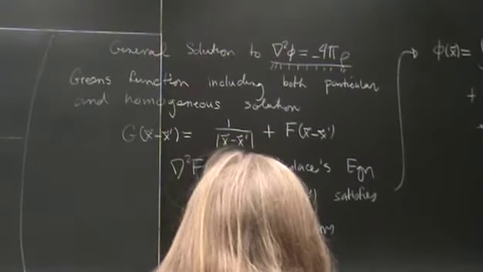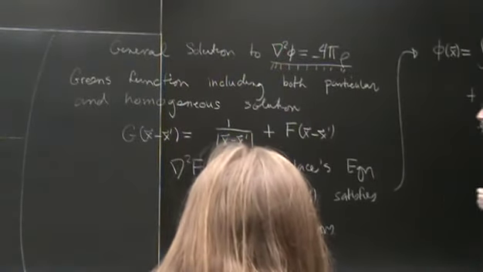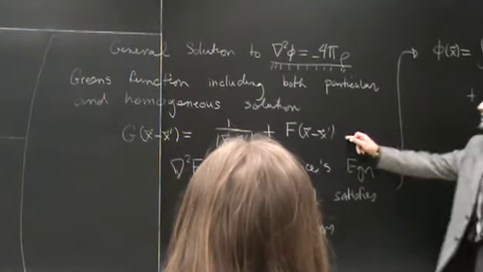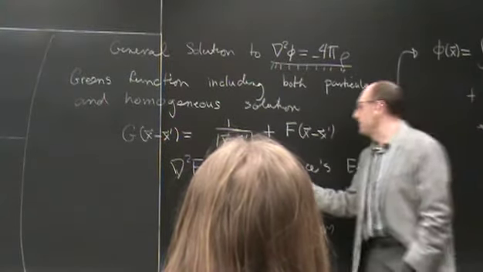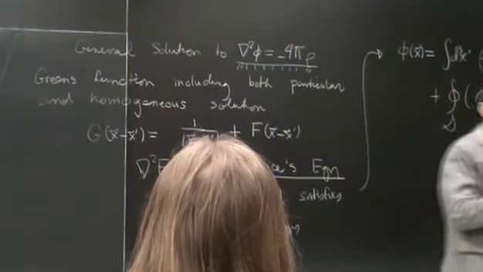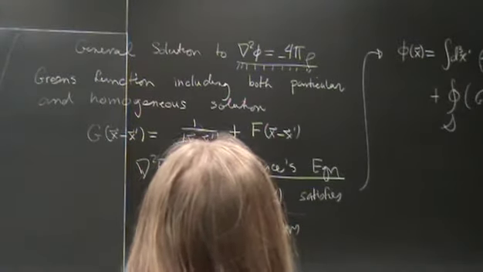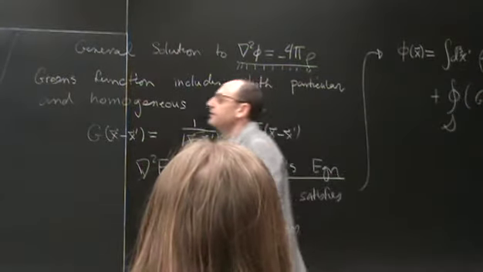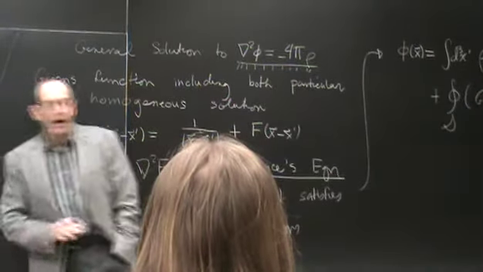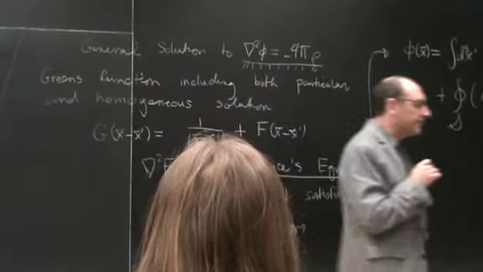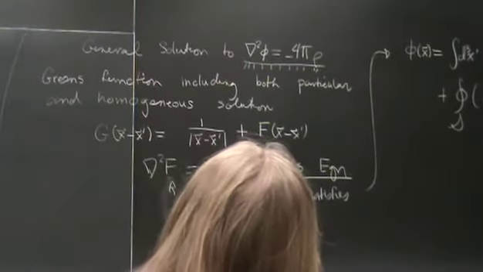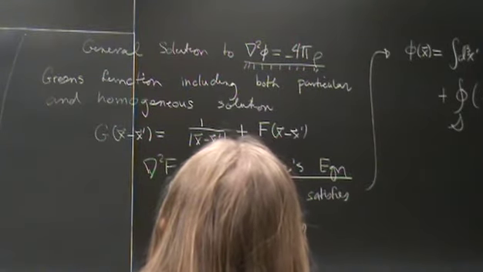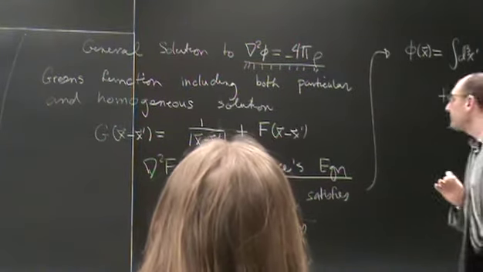So now the Green's function is more general, where the function F here is a solution to Laplace's equation, and it's chosen in such a way that the boundary conditions set by typically conducting surfaces are satisfied, because we said conducting surfaces define equipotential surfaces.